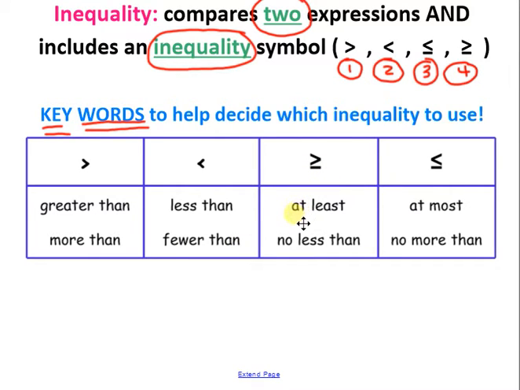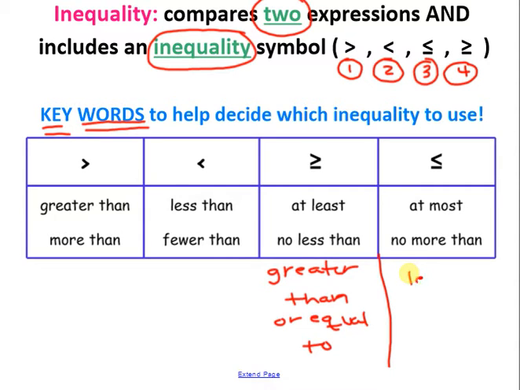This symbol right here, you'll hear it called at least or no less than, but it's also going to be called greater than or equal to. And then this symbol right here is less than or equal to.